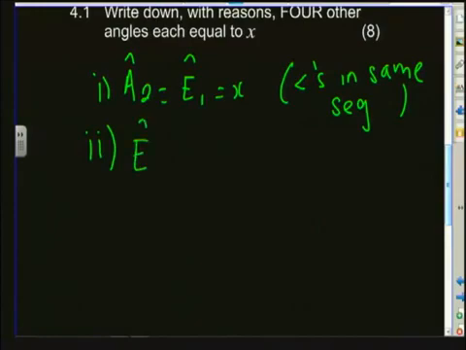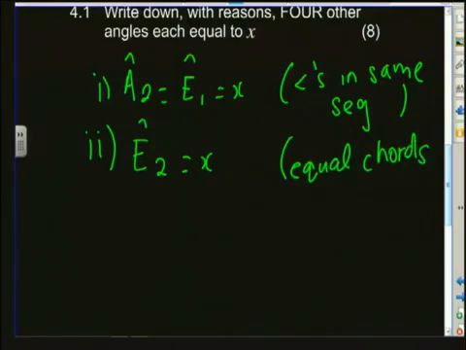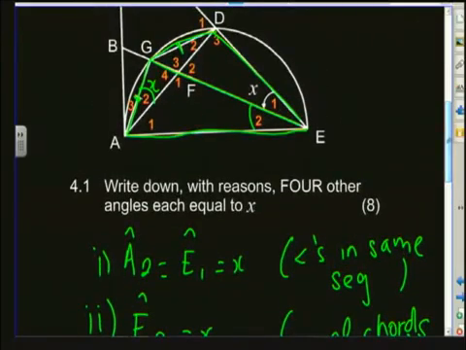So angle E2 is equal to x, which is equal to E1, and it's equal chords GD and AG. Okay. Now moving on to our third angle, we've got that E2 is equal to x.